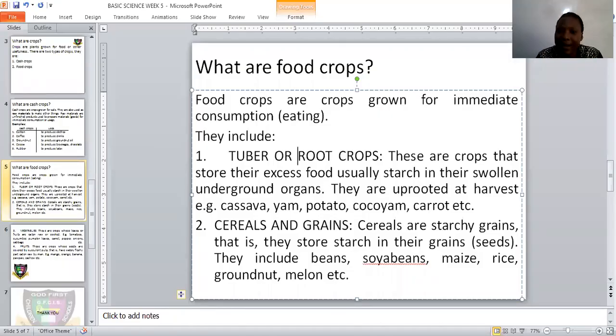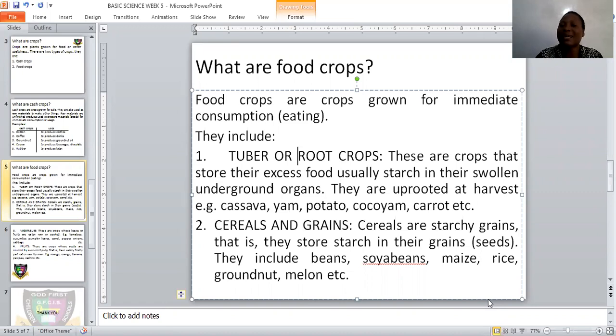Food crops are grown for immediate consumption, for immediate eating, while cash crops are grown for future use. They include, number one, tuber or root crops.